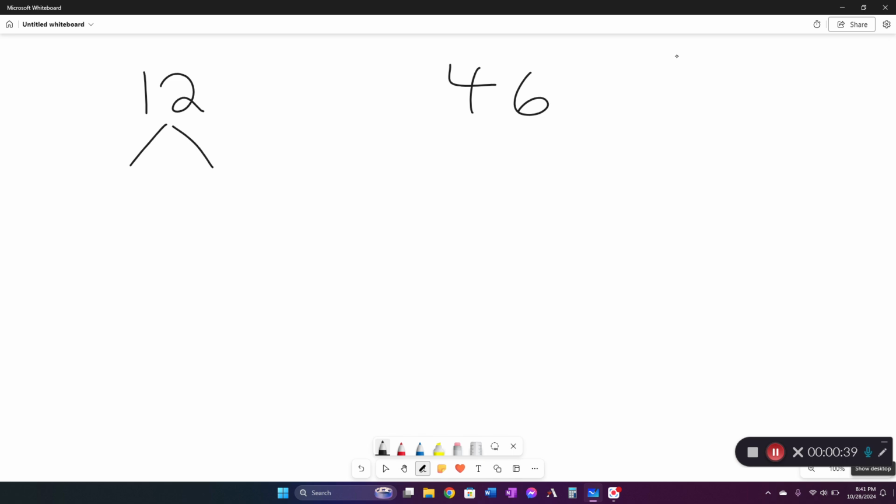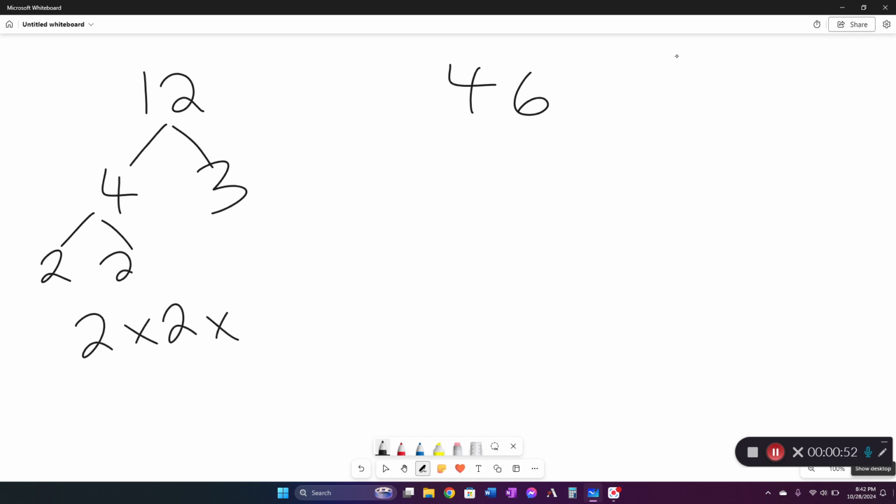And to do that, you make a factoring tree. Doesn't matter which number you choose. I could have chosen 2 and 6 if I wanted to. It's going to come out the same way. So you factor out, you get 2 times 2 times 3. Okay? And then 46, when in doubt, divide by 2 if it's an even number.